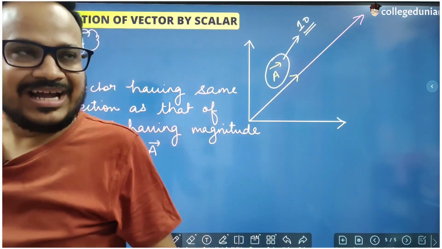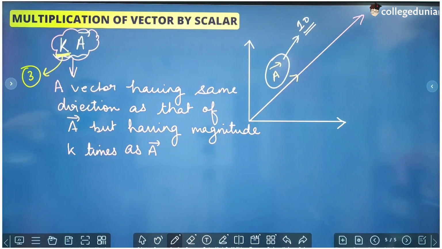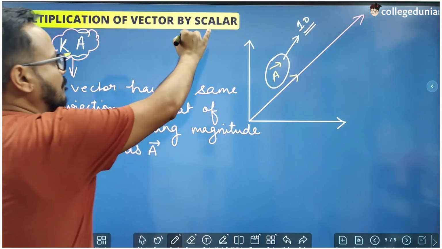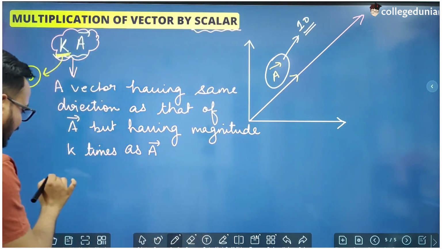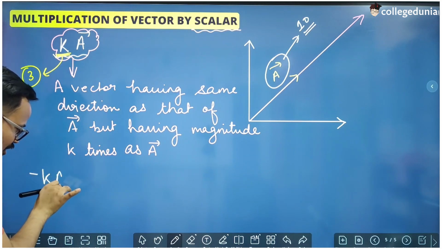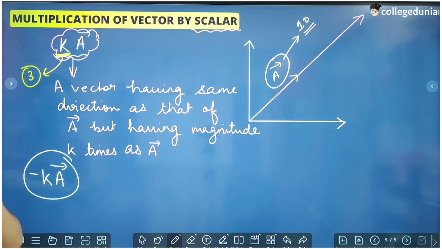Okay, but when you are multiplying the vector by a scalar, then that scalar number can be negative also. So what happens if this k is negative? What is the meaning of the vector minus kA?